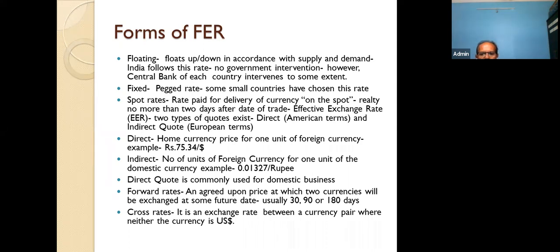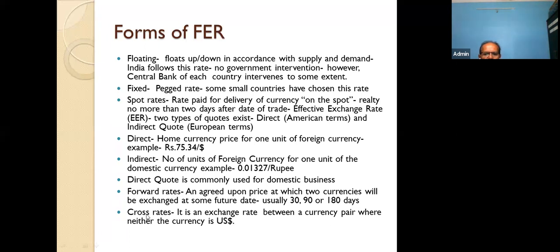So there will be about 60 days. The future date is usually 30, 90 or 180 days. So when you have transactions for the next 30 days or 90 days or 180 days, forward rates are applicable.